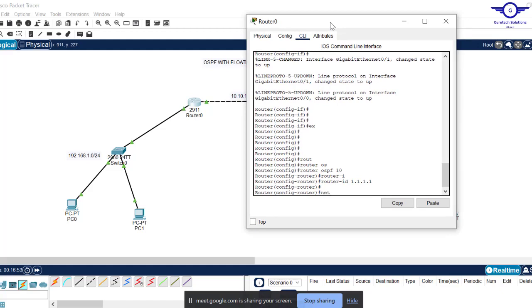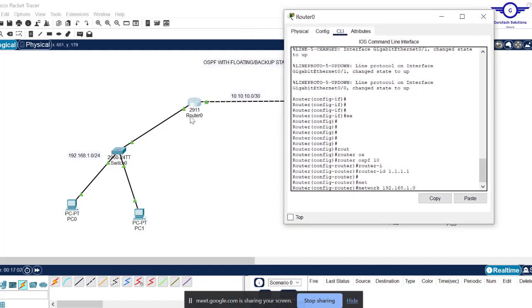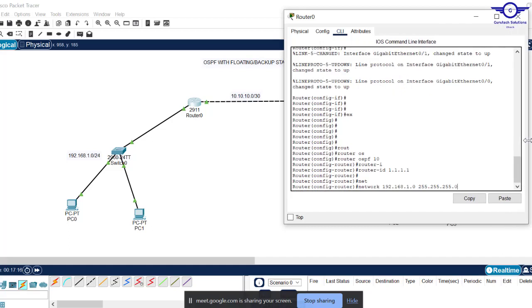So you just advertise the networks, 192.168.1.0. You only advertise the networks that are directly connected to it: this router, this network, and this network. With subnet mask 255.255.255.0. Then, as we said earlier, in OSPF there's a concept of areas.